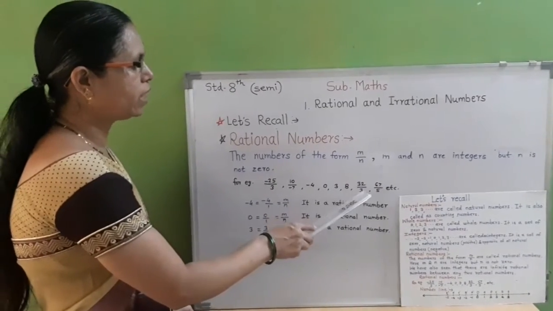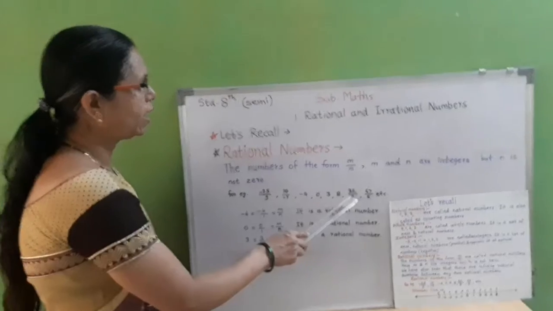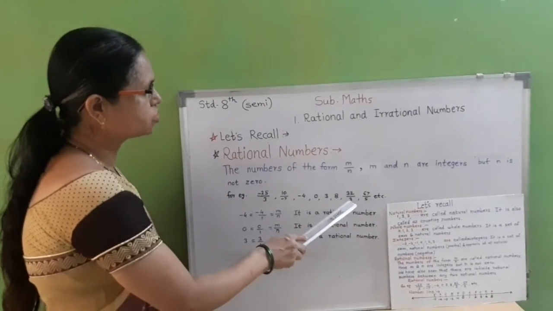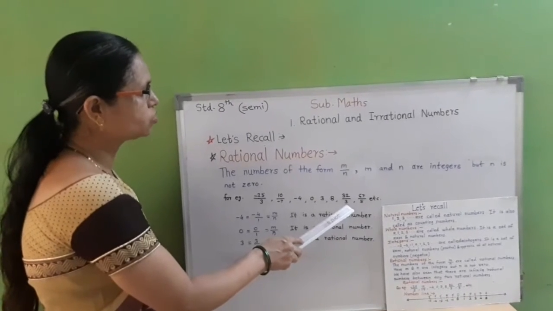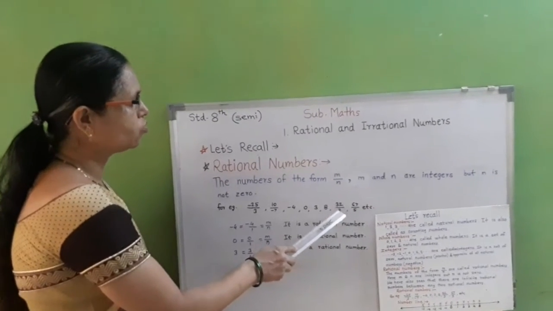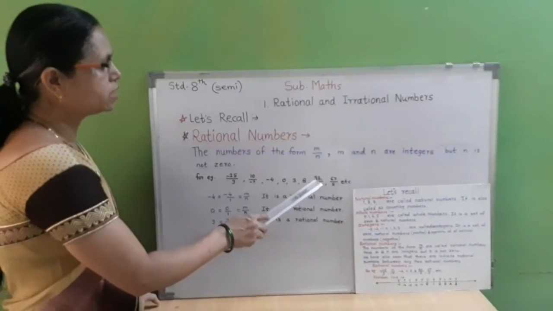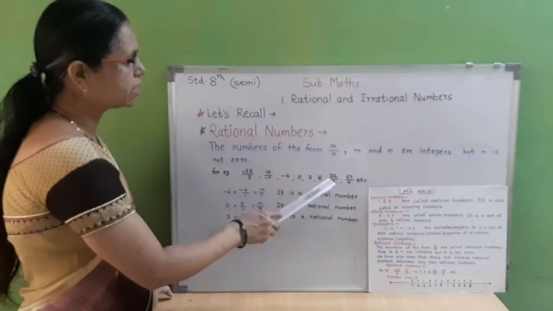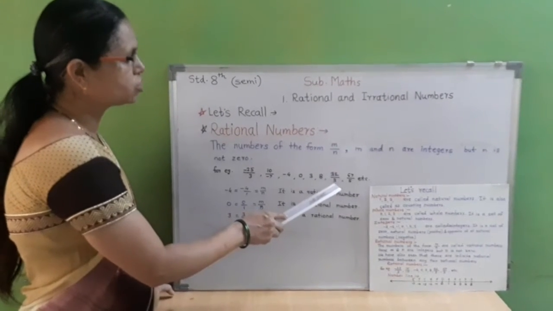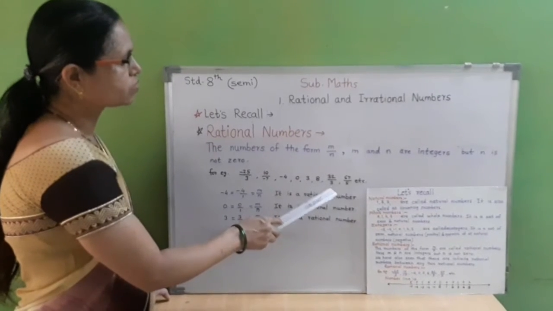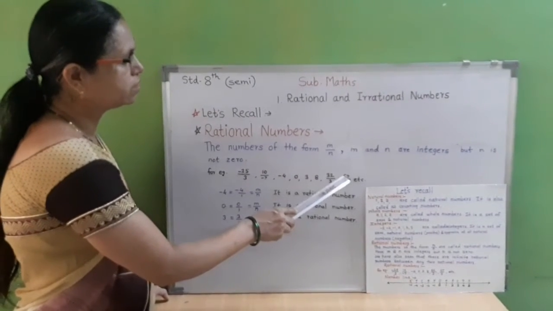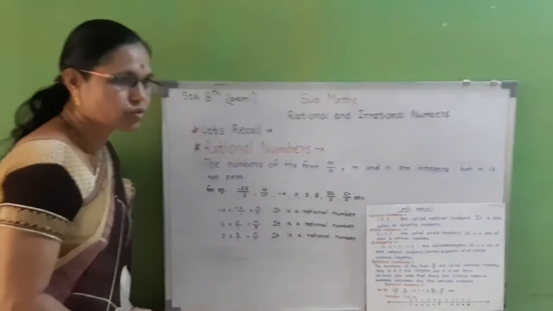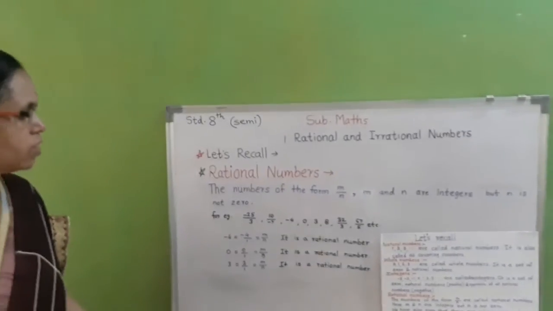Here 32 and 3 are integers, and by definition n is not equal to 0, means denominator is not equal to 0. Therefore 32 by 3 is a rational number, and here is not any sign, therefore it is a positive rational number. Same thing in 67 by 5. 67 by 5 is also a rational number.